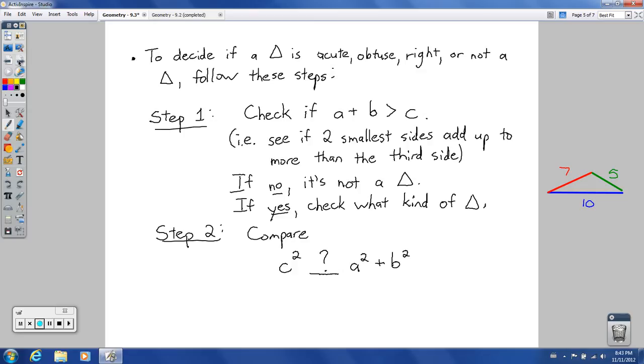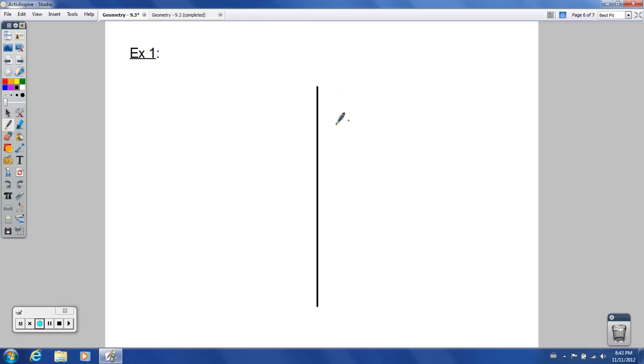So let's do some examples now. So example 1 here, we're going to decide if it's acute, obtuse, right, or not a triangle, because maybe it won't be a triangle at all.